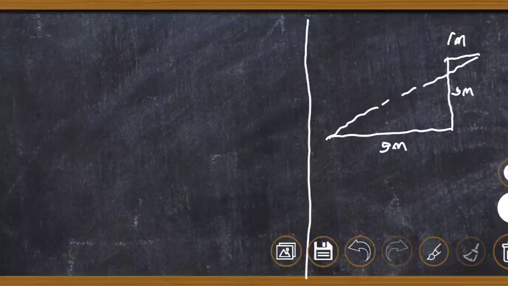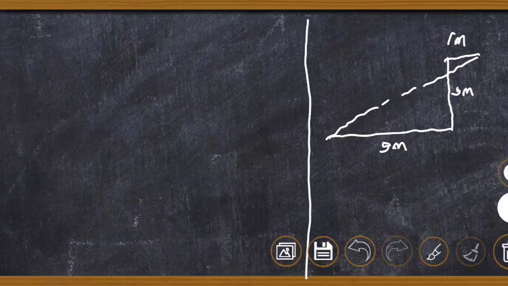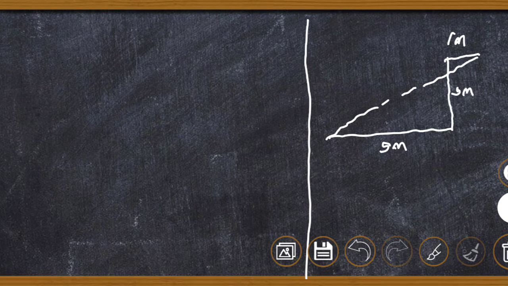Now with this example, the vector diagram of the question has been drawn for us, and it says an infant crawls 5 meters east, then 3 meters north, then 1 meter east. If you take a look at the cardinal points that I mentioned earlier, we have our north direction, our south, our east, and our west direction.